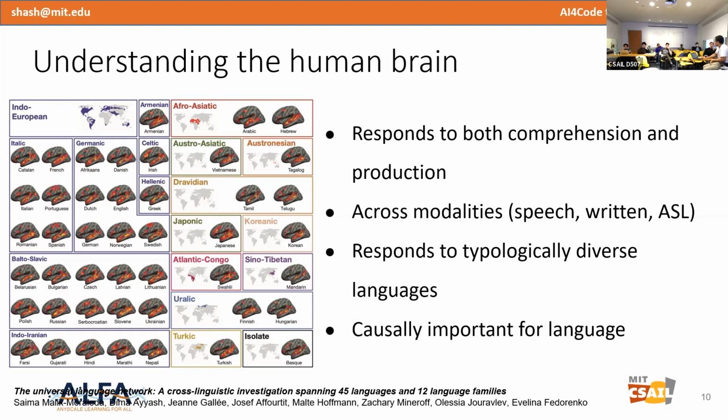Very importantly, it's also causally important for language. People with aphasia and other language problems from anatomical damage in those regions, such as a lesion or a tumor, have their physical ability to comprehend or produce language affected. So you know that brain region is causally involved in language. This is what we know about the language system.